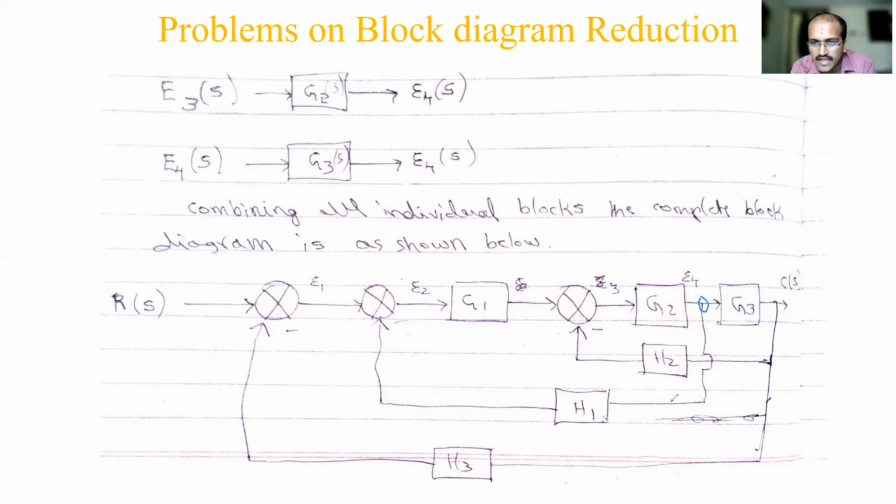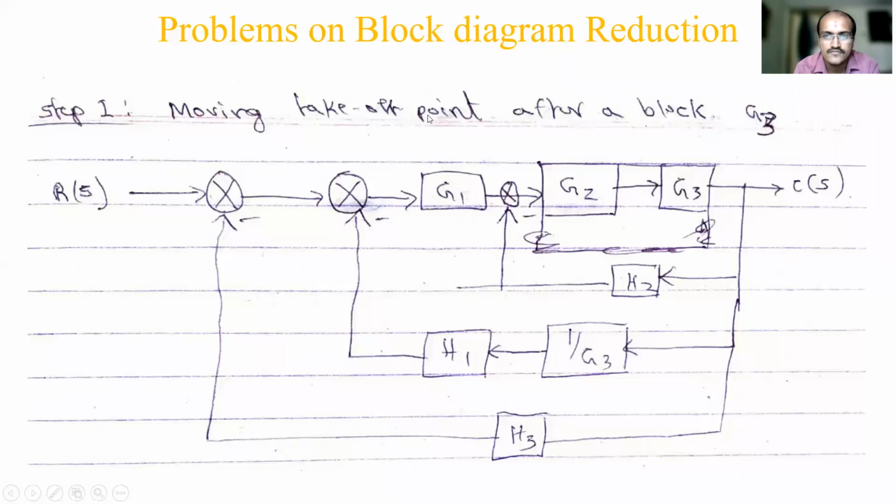This block will have 1 by G3 in series. So that is also something you should concentrate on. Maybe a little shabby I have made. So G1 is there. Then there is a summing point here. Then G2, G3. So this takeoff point I have removed here. This is H2 I have taken here for this block. So this is C here. 1 by G3 came over here when I moved the takeoff point.